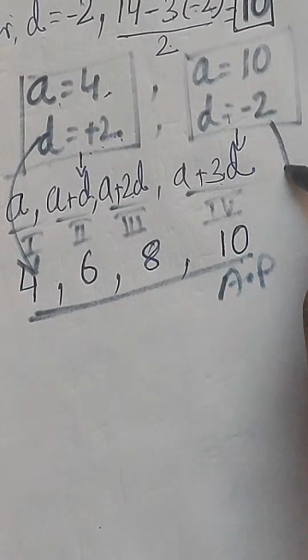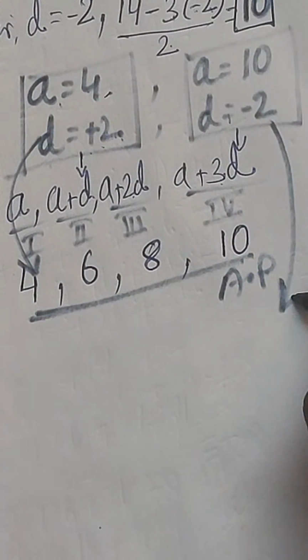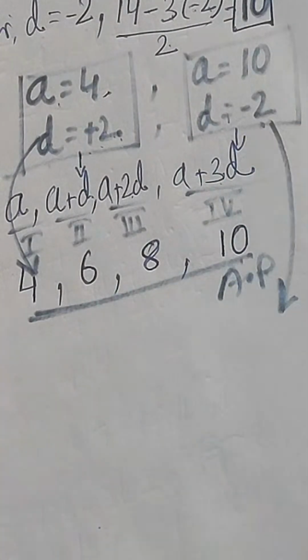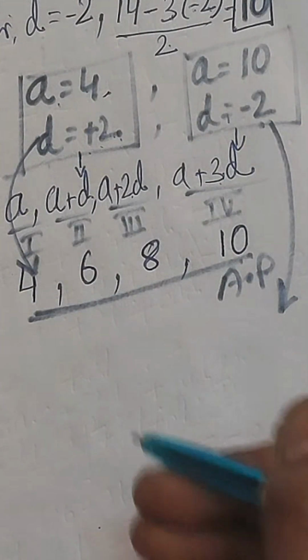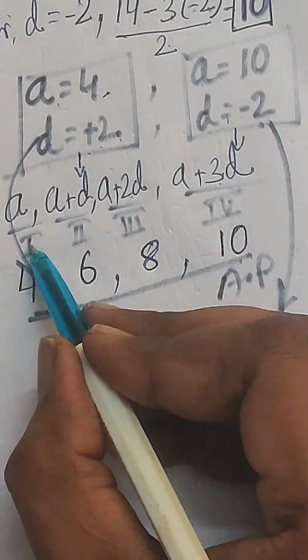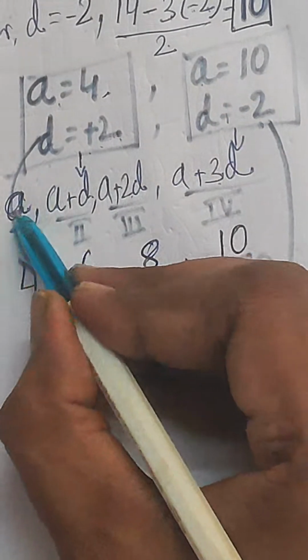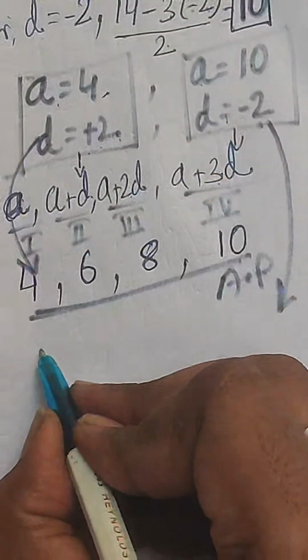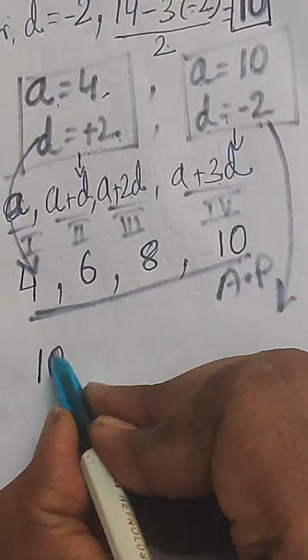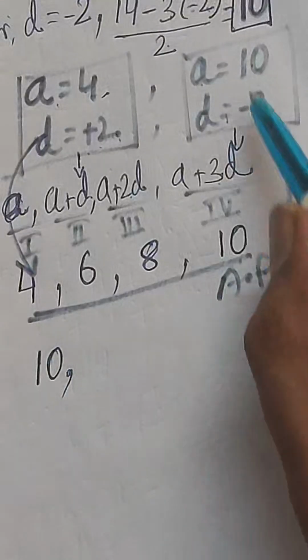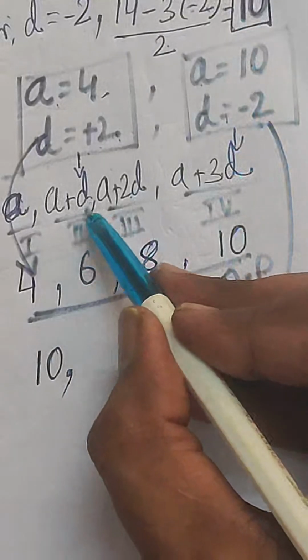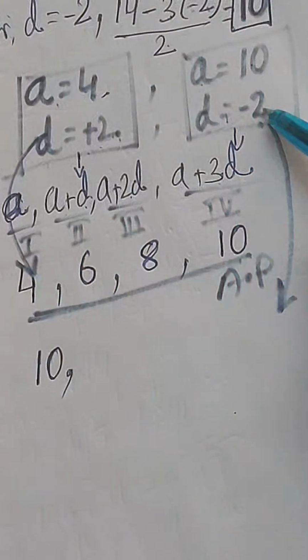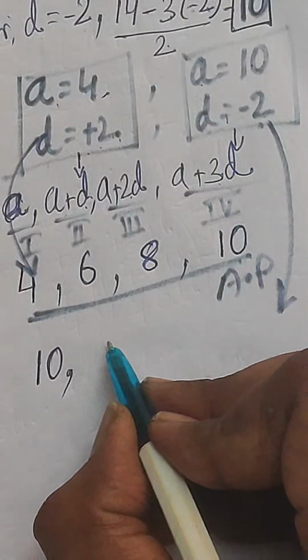But when we consider A equal to 10 and D equal to minus 2, then our AP will be, the first term will be A, that means the first term is 10. Then A plus D, that means 10 plus minus 2, so that will be 8.